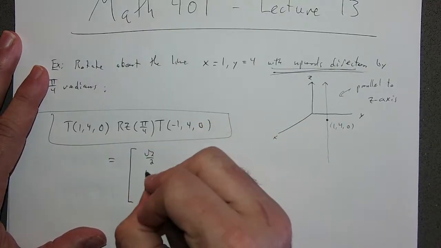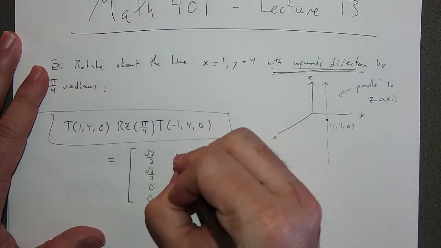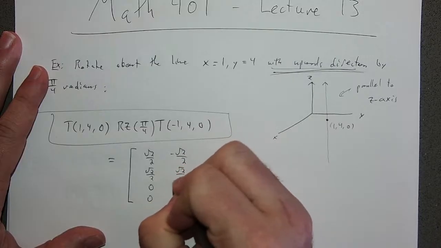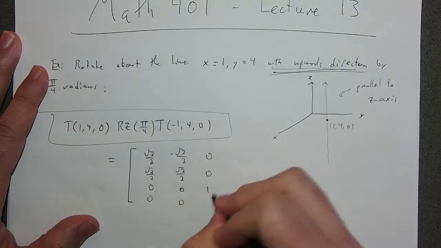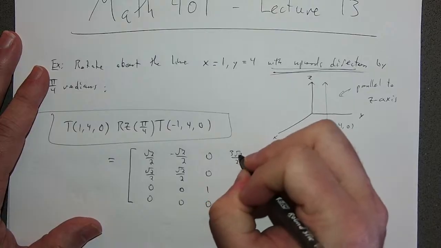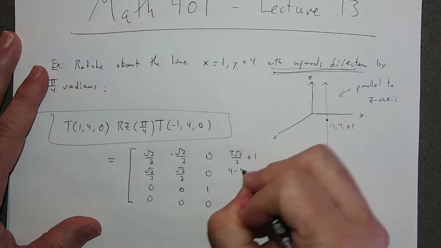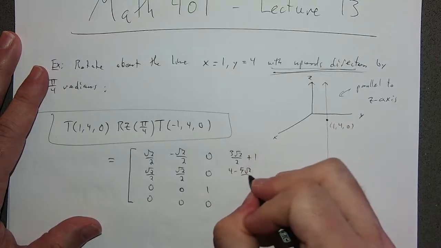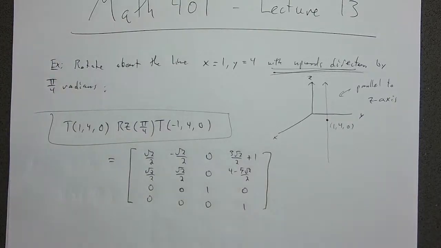So this is root 2 over 2, root 2 over 2, 0, 0, minus root 2 over 2, root 2 over 2, 0, 0, 0, 0, 1, 0, and lastly, 3 root 2 over 2 plus 1, 4 minus 5 root 2 over 2, 0, and 1. So this would be the matrix that results from multiplying these three matrices. Okay.